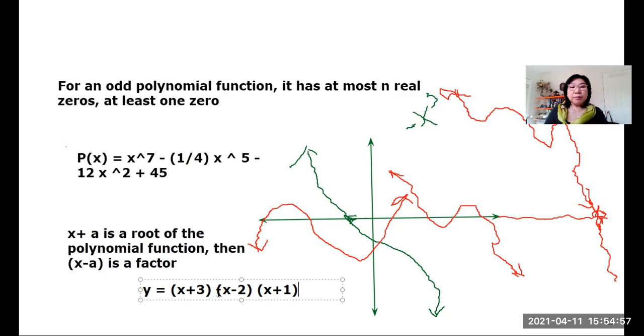It has a degree of 3 because x1 times x1 is x2, x2 times x1 is x3. So this is a cubic function. Now, all of these are the 0 function because if you multiply all of this and it gives you a 0 on the right hand side, then you can set each bracket equal to 0 and solve for x. So minus 3 is the first root of the polynomial function, plus 2 is the second root, and minus 1 is the third root of the polynomial function.